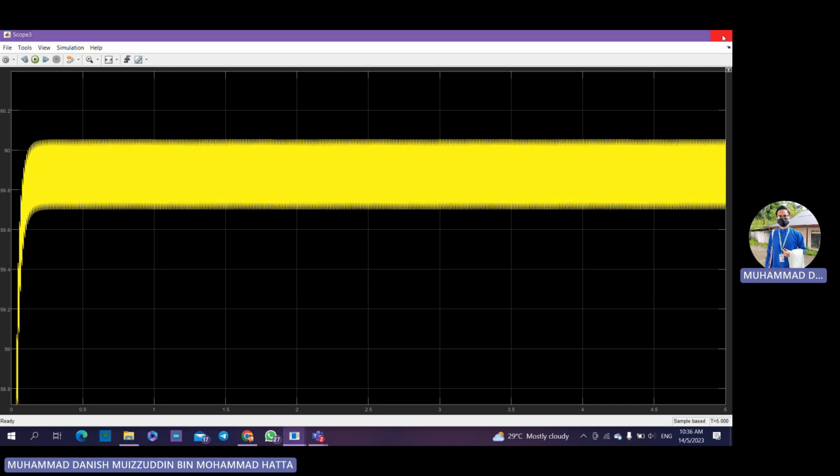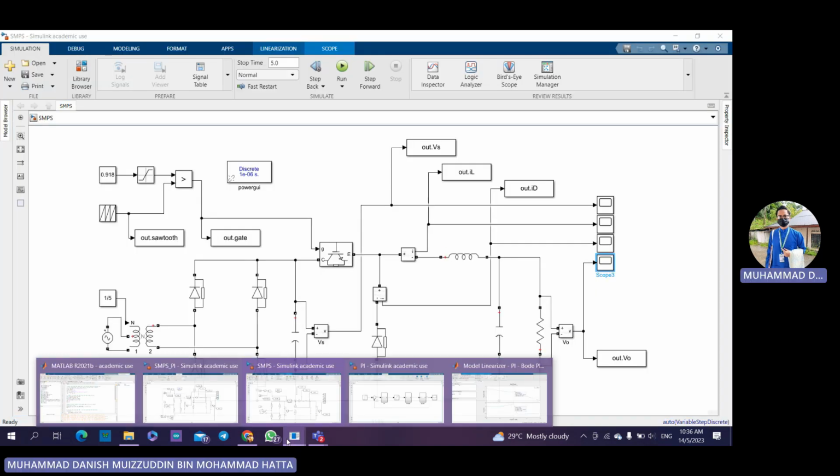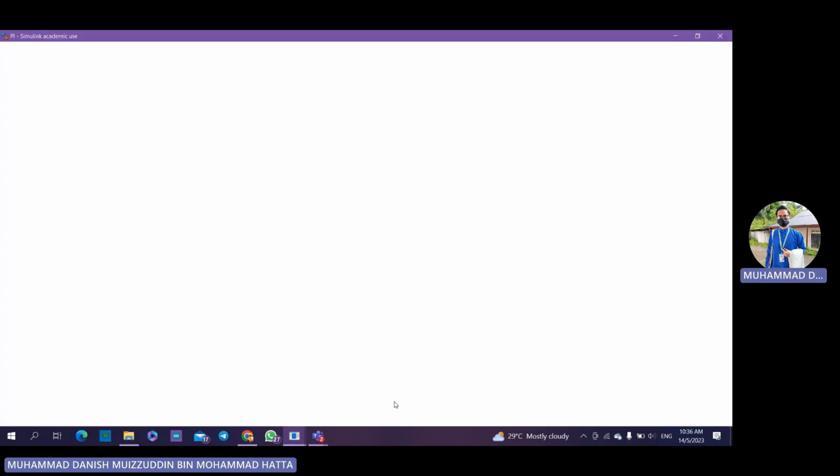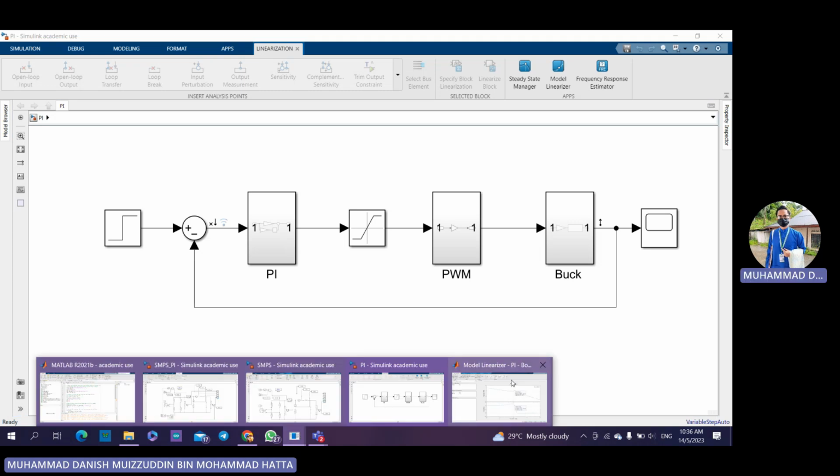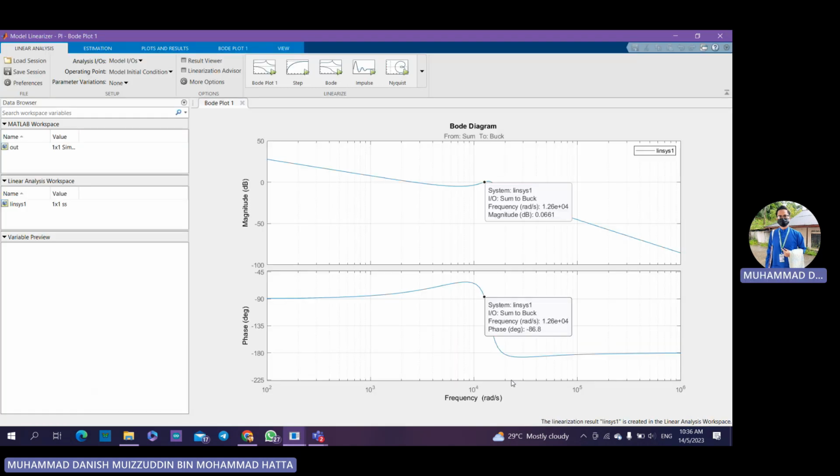And then for the PI controller, we must create the block diagram like this first to get the plot to determine whether the PI controller that we use is in a stable condition.